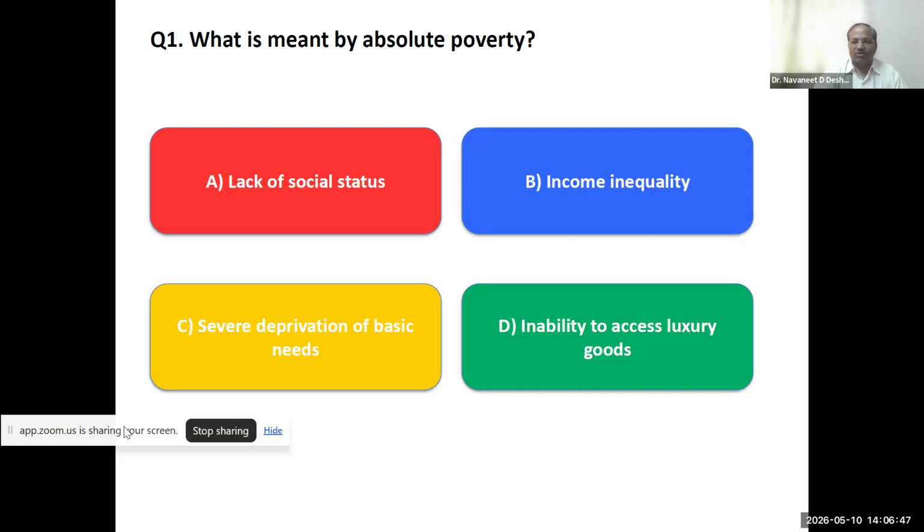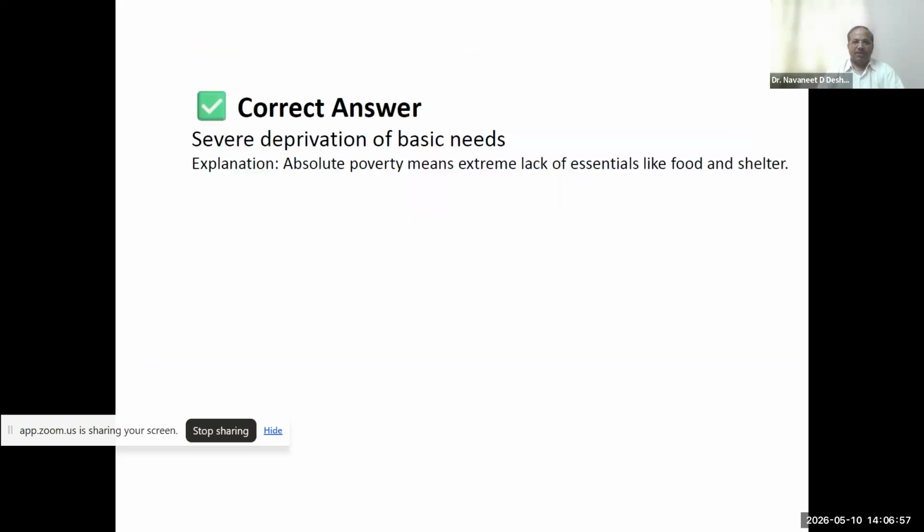So let's see the correct answer. The correct answer is severe deprivation of basic needs, because absolute poverty means extreme lack of essentials like food and shelter.